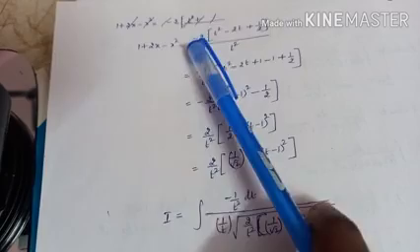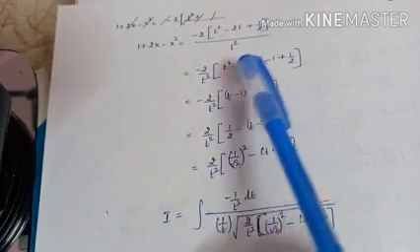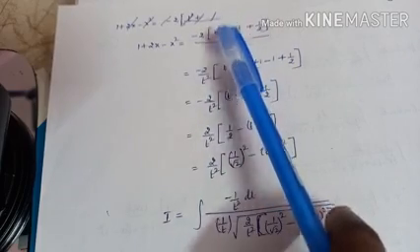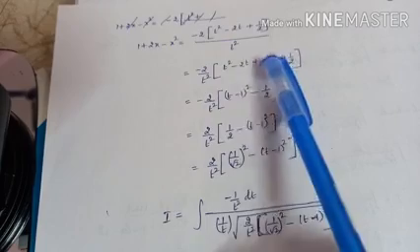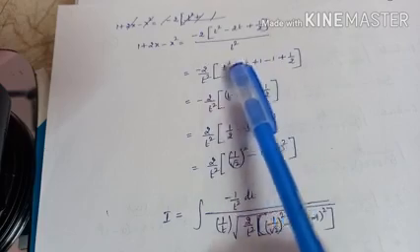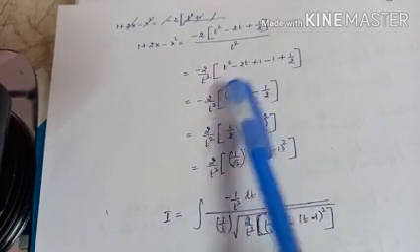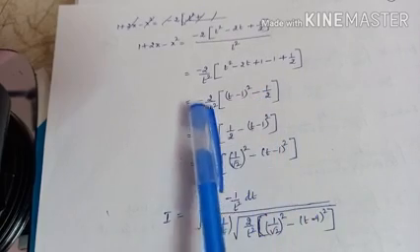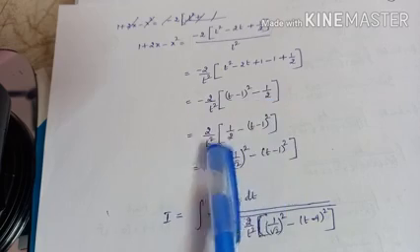Take minus 2 outside. Then it is an a square term, a 2ab term. Find the b square term, add and subtract the b square term. Hence these three can be written as (a minus b) whole square. Simplify these two, and since I have a negative sign, let us multiply the negative sign.